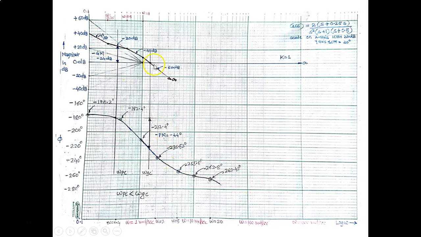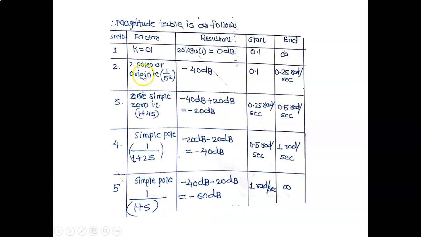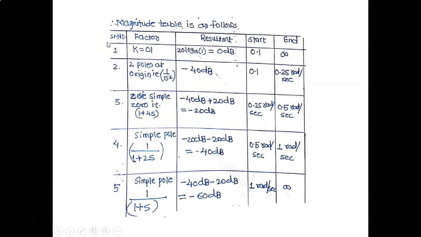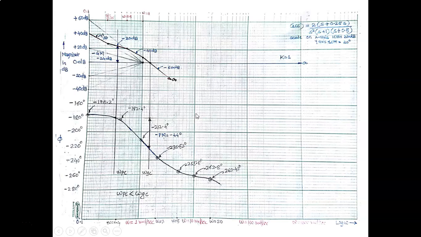Now, for the magnitude plot, a minus 40 dB slope is there from 0.1 to 0.25. Therefore from 0.1 up to 0.25 draw a line parallel to this line. Then from 0.25 to 0.5 the slope is minus 20 dB.